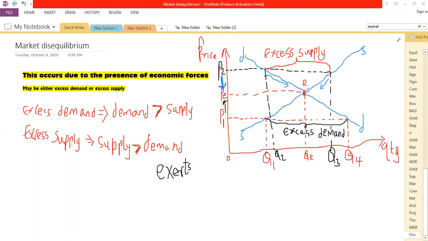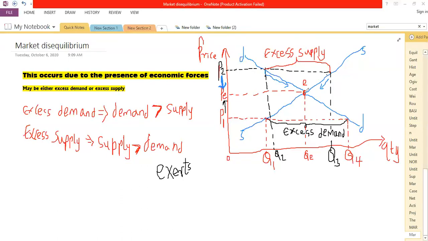So we can say the condition for equilibrium is established when demand and supply are the same, meaning the equilibrium position has been restored. Again, an example of what we call a stable equilibrium.